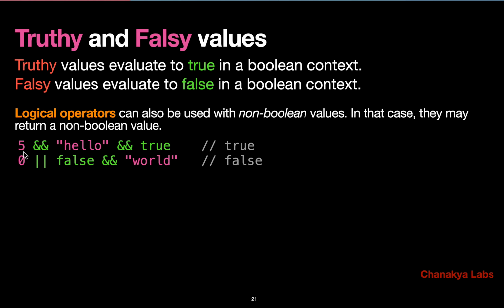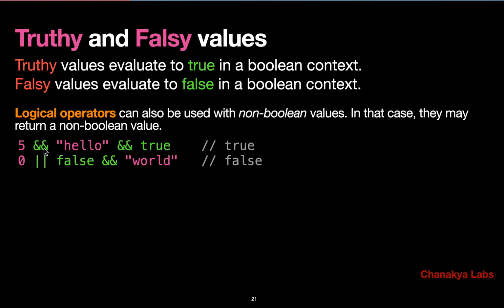I said everything in and should be true, then it evaluates to true. I don't know what this thing is going to evaluate to, so firstly let's simply print this whole thing, and we see that it is true. Which means this thing is true, obviously, but this thing also must have been treated as true, and this thing also. That's why the full answer is true.